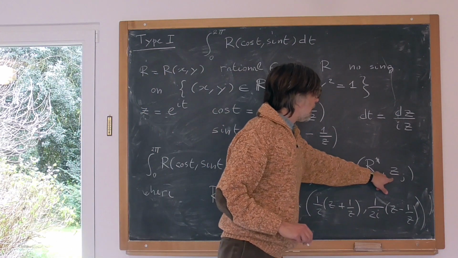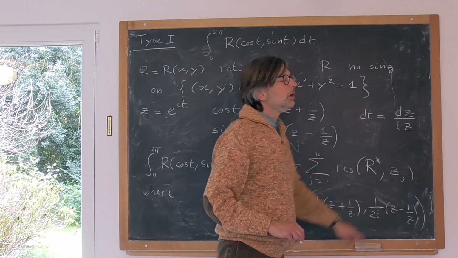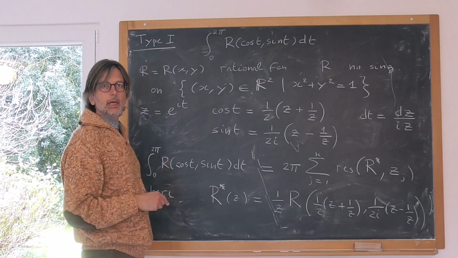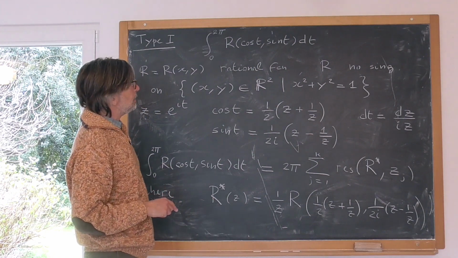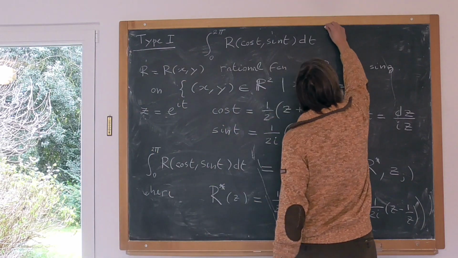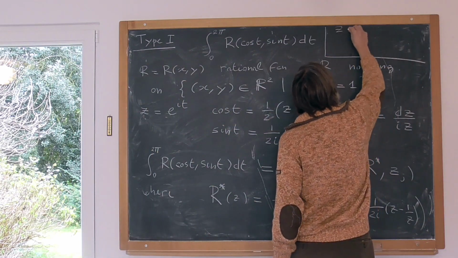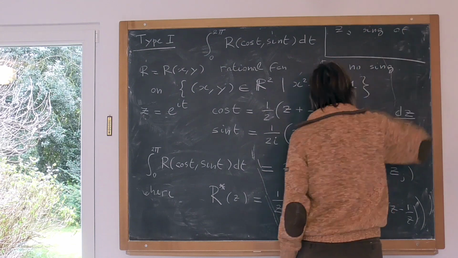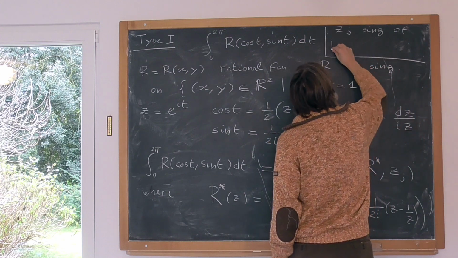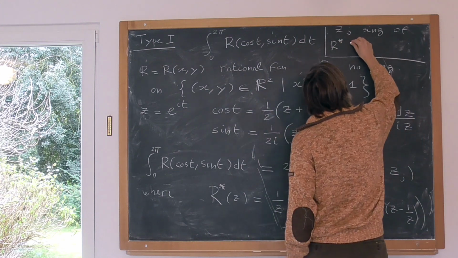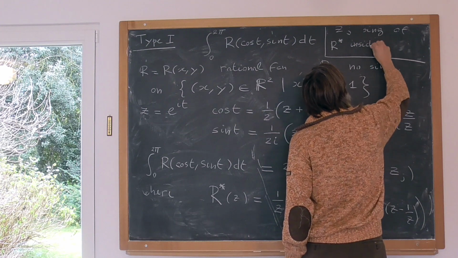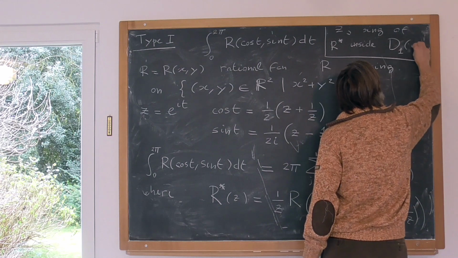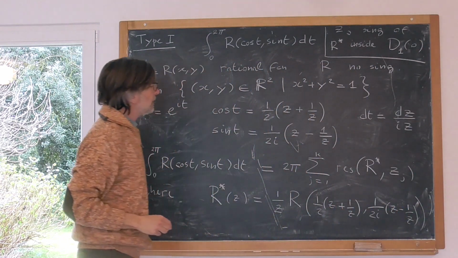And z_j are the singularities of the function R star that are contained inside the unit disk, so the disk of radius 1 centered at 0.